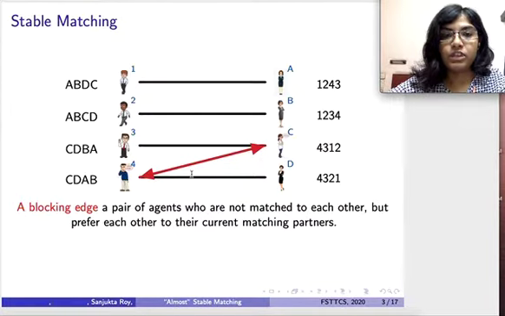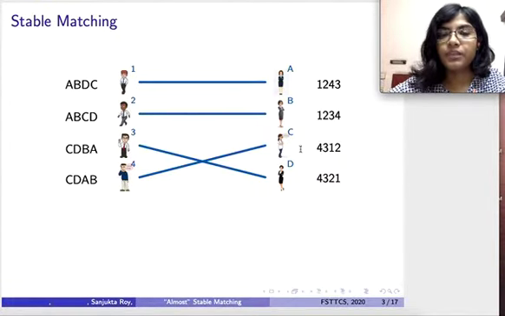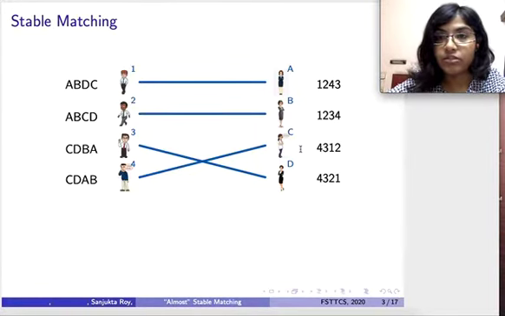So they prefer each other. This red edge is what we call a blocking edge. If we have a blocking edge, the matching is not stable. A matching is stable if you do not have a blocking edge. For this particular set of agents and preference lists, we have this matching, which is a stable matching, and you can check this by checking that there is no blocking edge here.